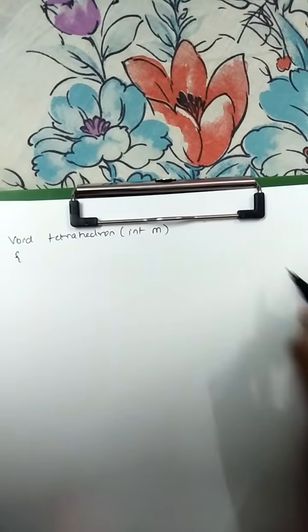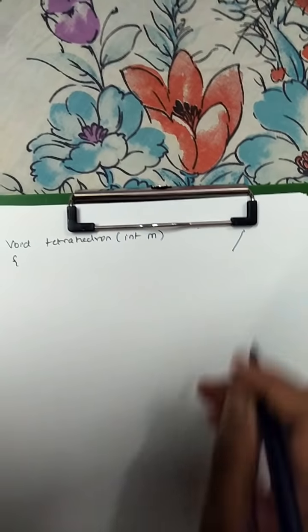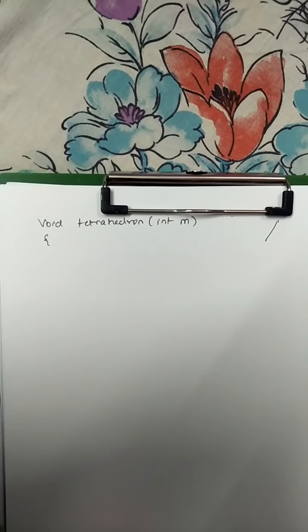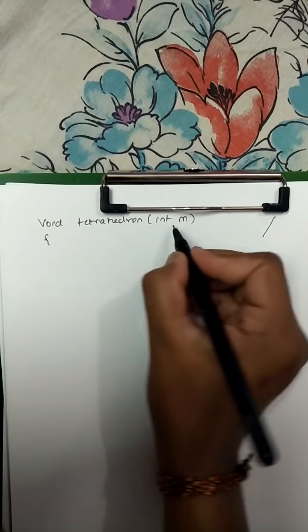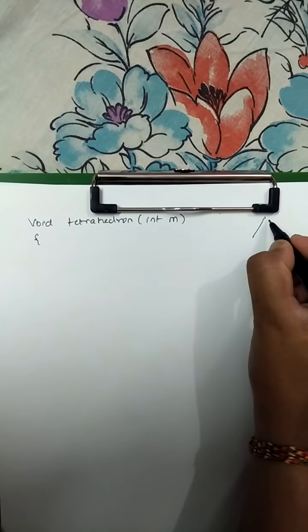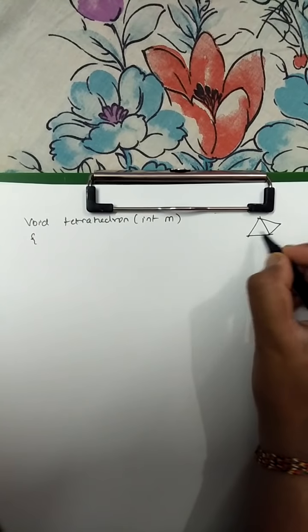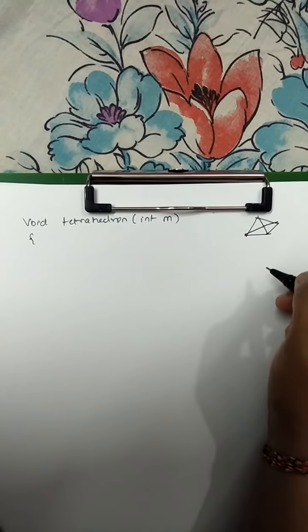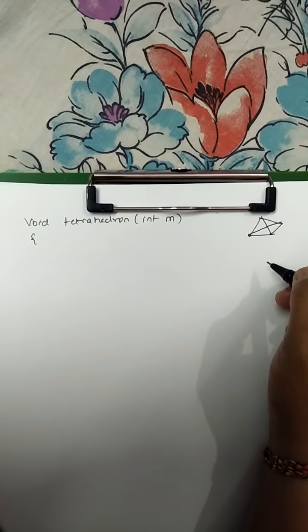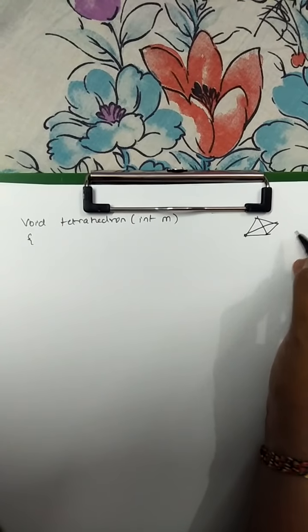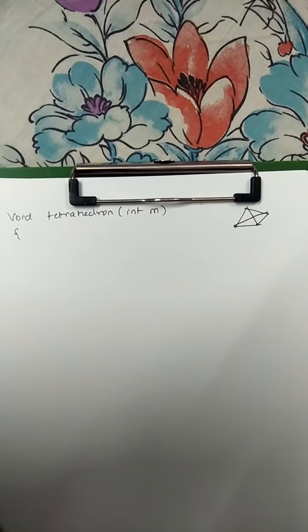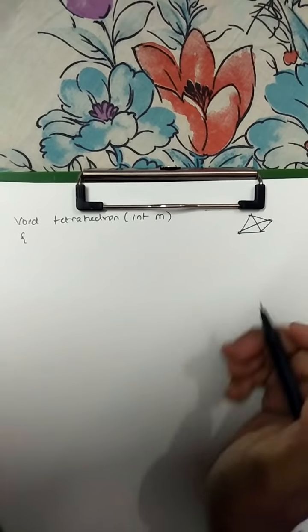So for each and every face, so what tetrahedron, so we have how many faces? 4 faces. So I have to call all these 4 faces now, right? Exactly.